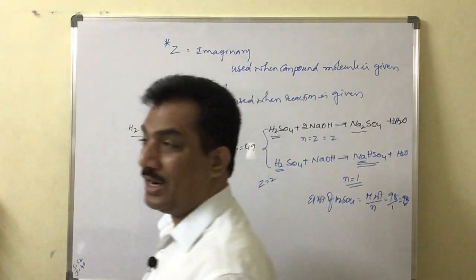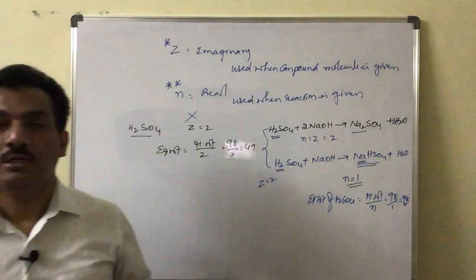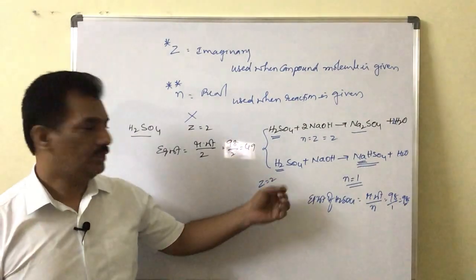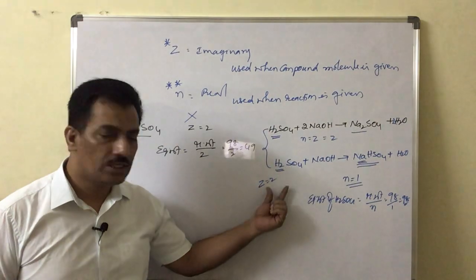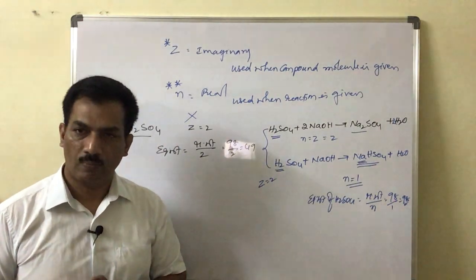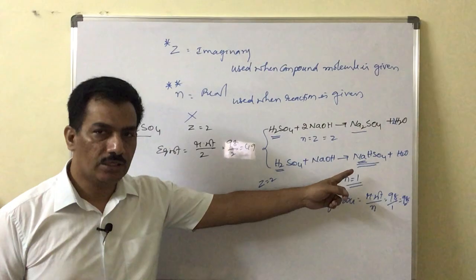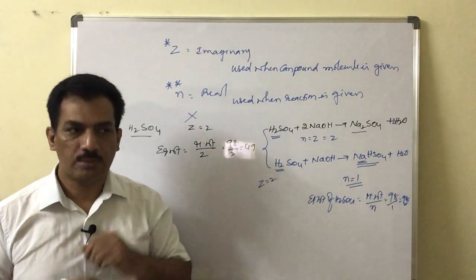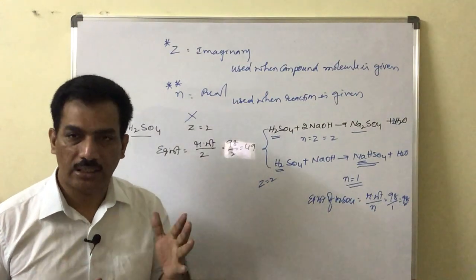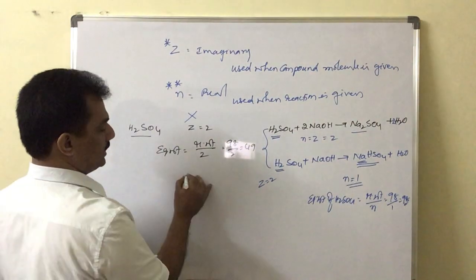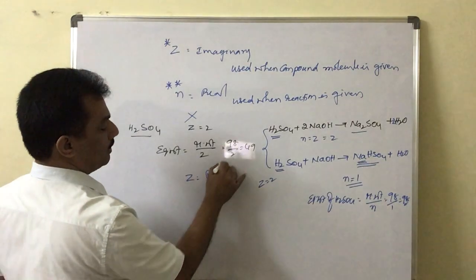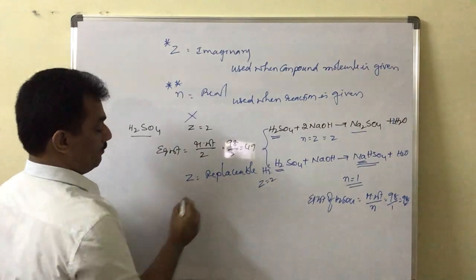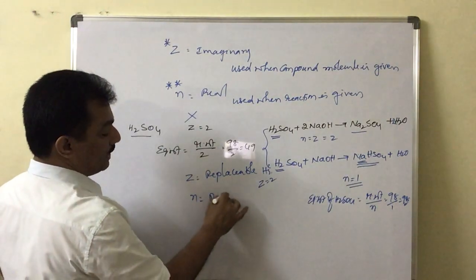To understand the difference between Z factor and N factor, this is the best example, because by imagination the Z factor is 2, but practically only one unit change happens, that is only one replaceable hydrogen is replaced. Here we can say that Z is the replaceable hydrogens, whereas N is the replaced hydrogens.